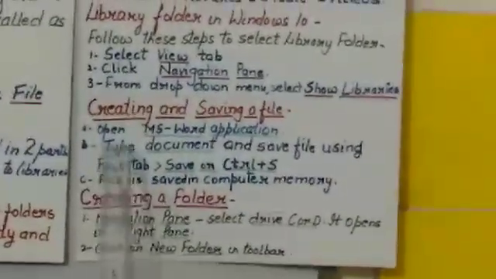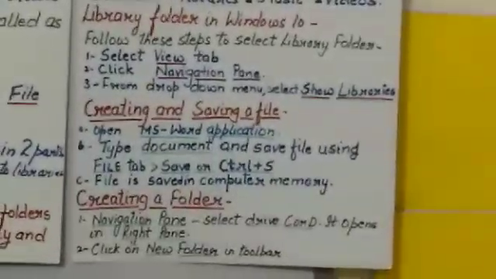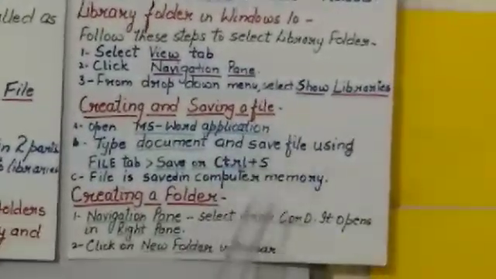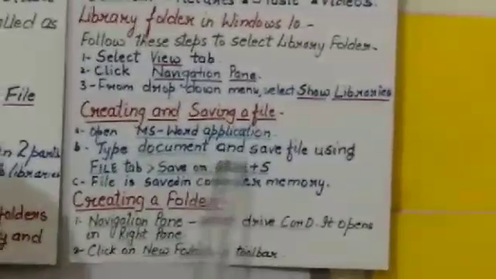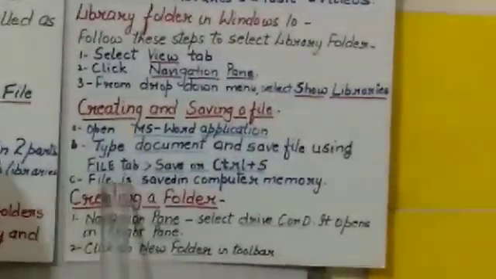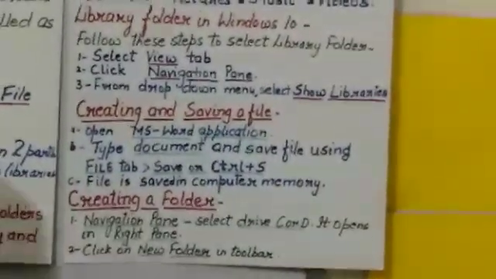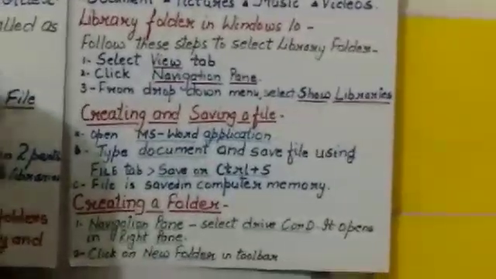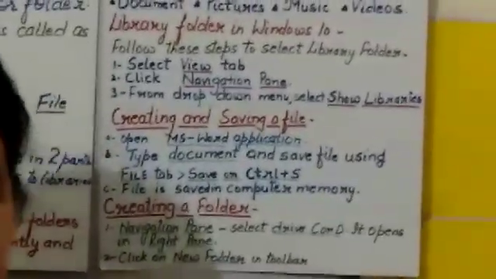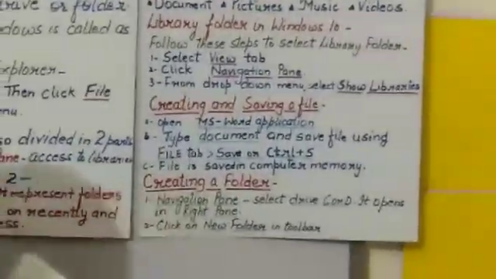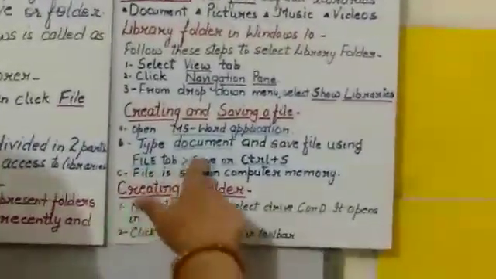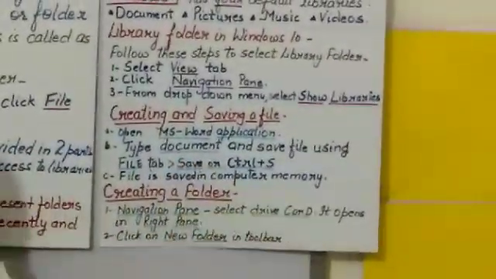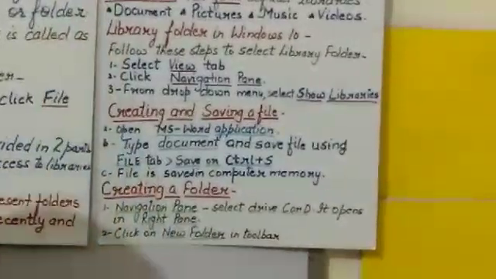How will you go? Open the MS Word application. You all know that in MS Word you will make a file. Type a document and save the file using the File tab. I hope you all know that in Word you have to type something. First you need something to save, so you will create that. Type whatever you want in the document.